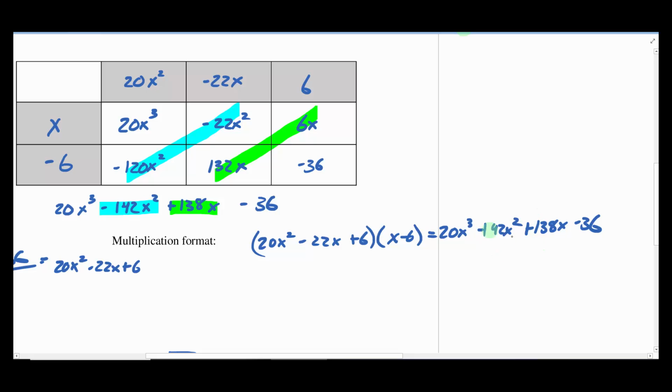So it's almost like we took a third degree polynomial and we factored it a little bit, because this is kind of looking like factored form. And that's kind of where we're going with this.